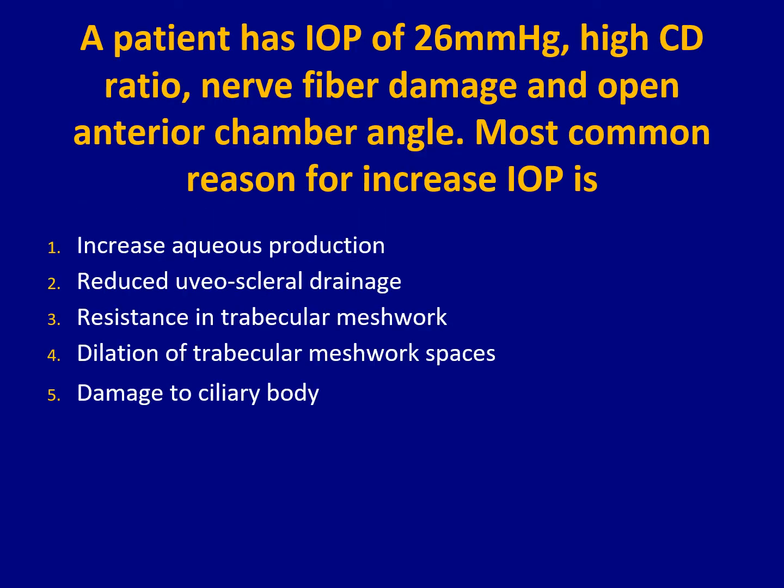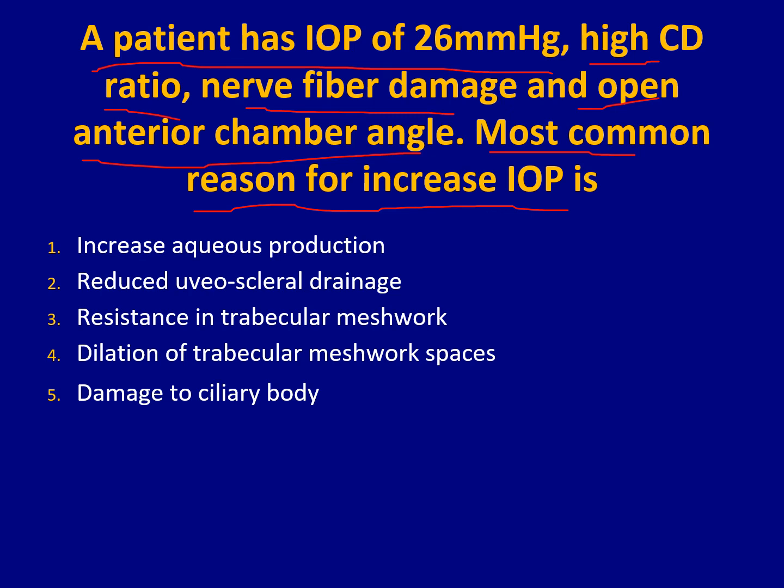A patient has an IOP of 26 mm of mercury, high CD ratio, nerve fiber damage, and open anterior chamber angle. Most common reason for the IOP is. Now here the question is about the reason, the pathophysiology. So pathophysiology of what?